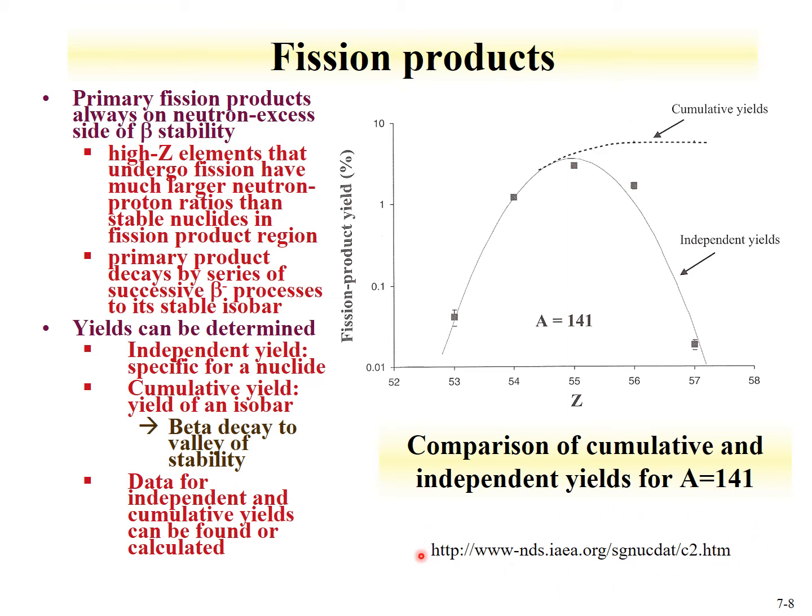You'll see that there's actually a relatively smaller amount of independent fission yields available. The independent fission yields are shown here, where you have the dots on the line, and the cumulative fission yield is just the integration. And the cumulative fission yields are the data points that are available to us in the chart of the nuclides.